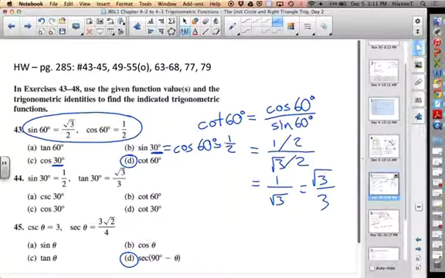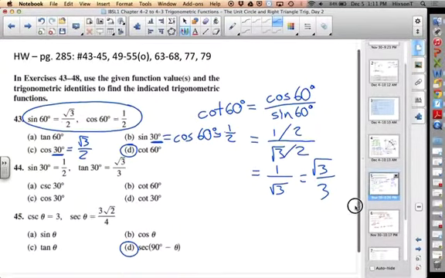If we want to know the cosine of 30, that's going to be equal to the sine of 60, which is root 3 over 2. Okay? Now for the tangent of 60, you would do root 3 over 2 divided by 1/2, sine over cosine, and then you just swap.